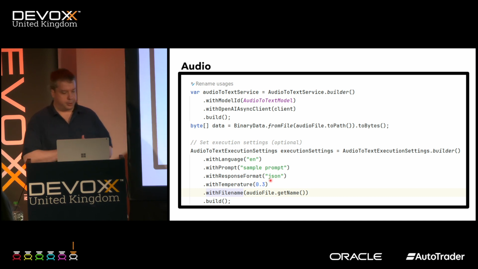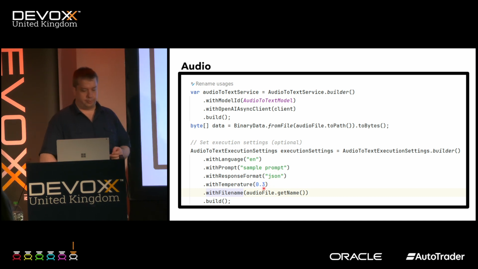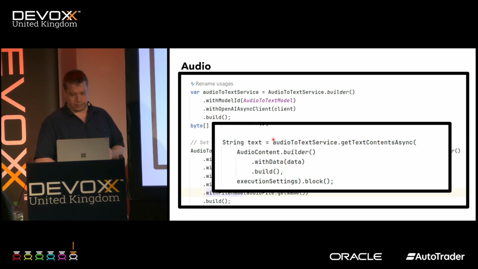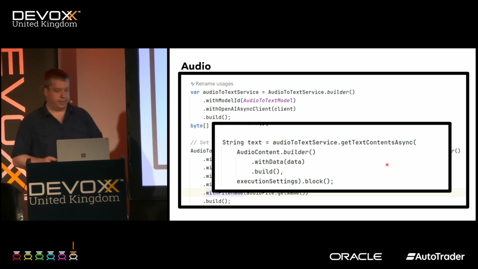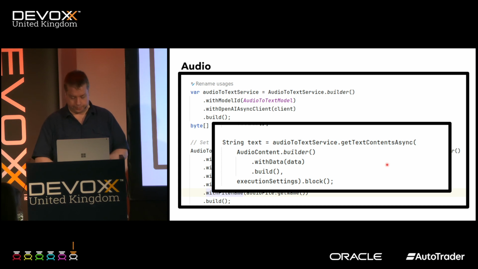We want our response back in JSON and then various other settings. So we just call get text contents async, it sends that data, pulls it back, and gives us the text.